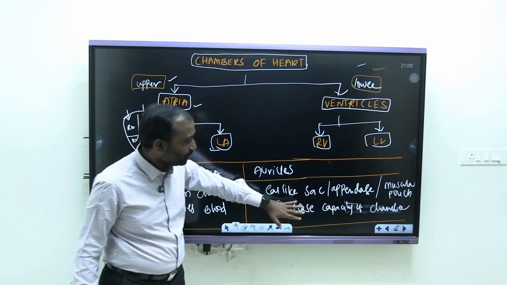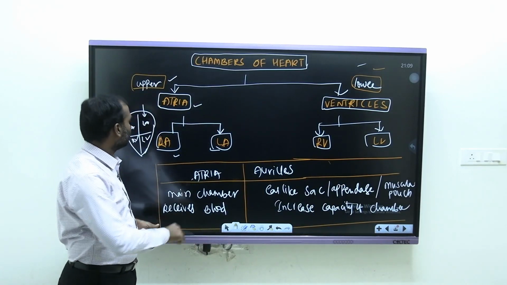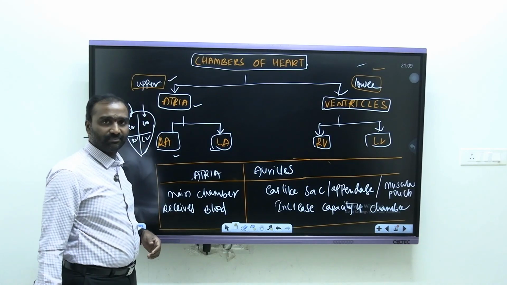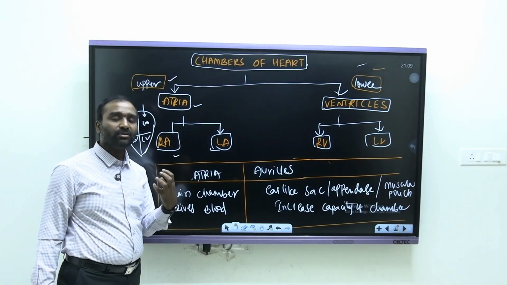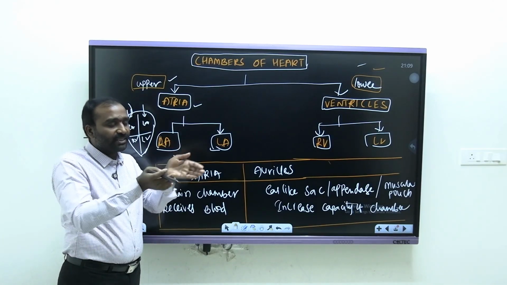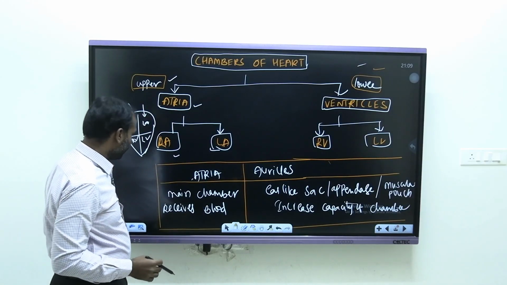Auricles help to increase the capacity of the chamber. Once the blood is entering from the different vessels, which allow the blood into the heart, the capacity has to be increased or adjusted by the auricles.